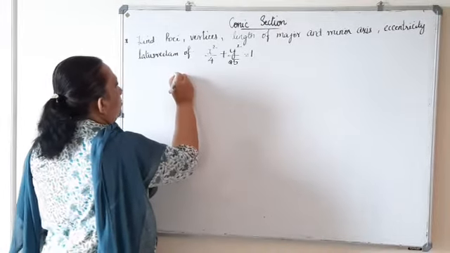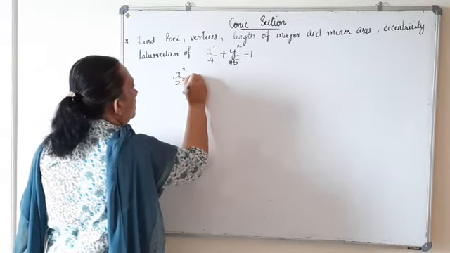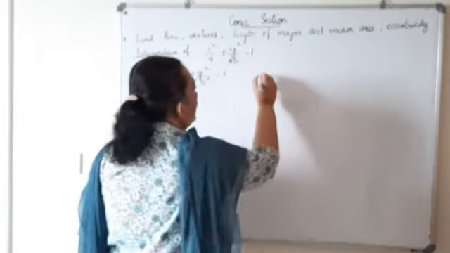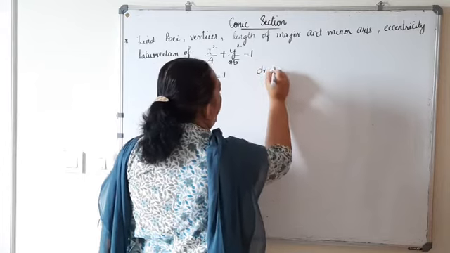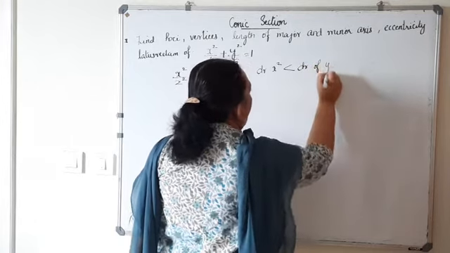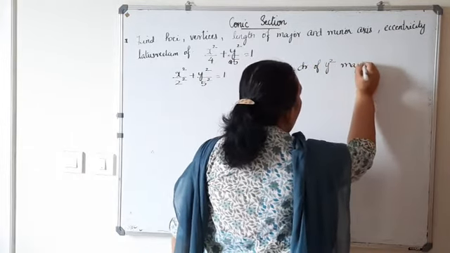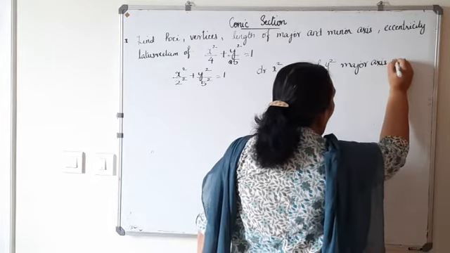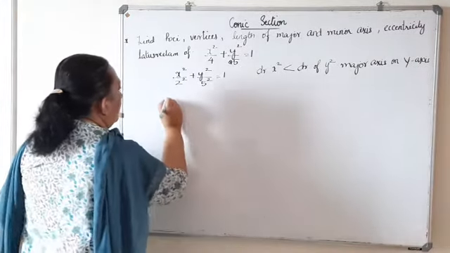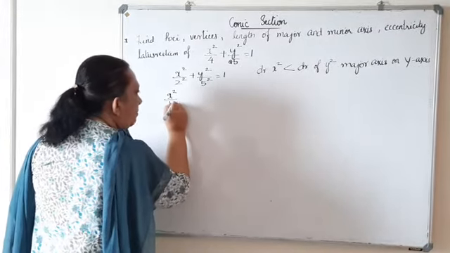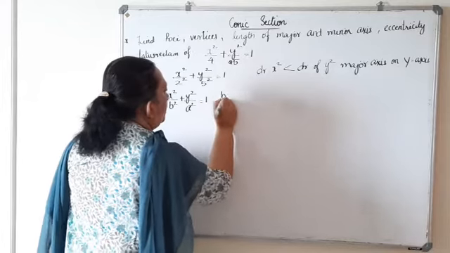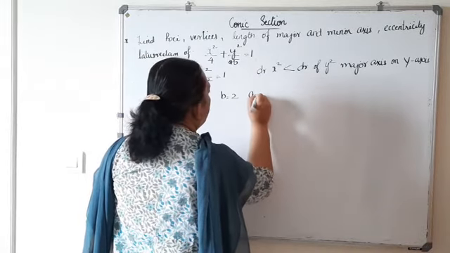So this is of the form x squared by 2 squared plus y squared by 5 squared is equal to 1. Or you can say the denominator of x squared is less than the denominator of y squared. That means major axis is on the y axis. In that case, the form will be x squared by b squared plus y squared by a squared is equal to 1. b is equal to 2. a is equal to 5.